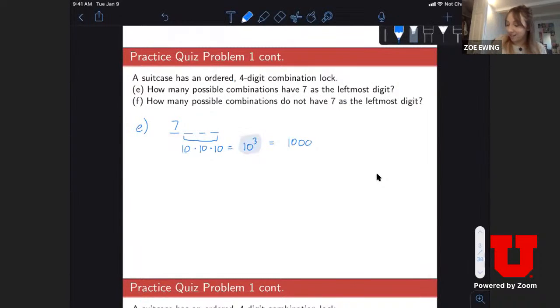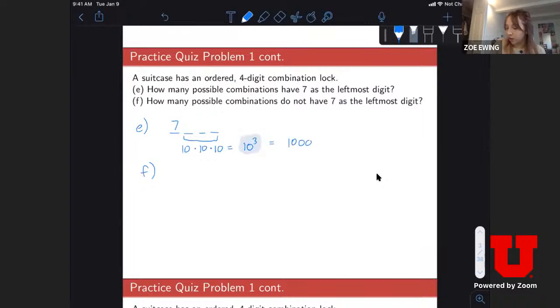Okay. F. So now how many possible combinations do not have 7 as the leftmost digit? There's a couple different ways to solve this. Does anybody want to say how they would figure it out? Nine times 10 to the 3rd.